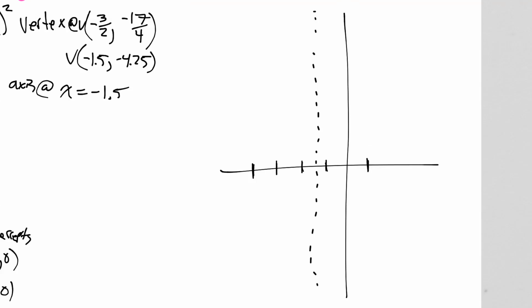Let's go 1, 2, 3, 4, 5, and that should be enough because our vertex is at (-1.5, -4.25). So if it's negative 4.25, we're right about there. We can label that (-1.5, -4.25).